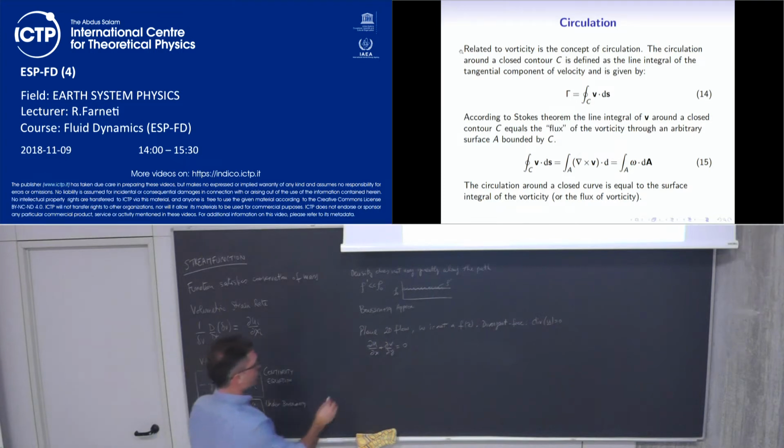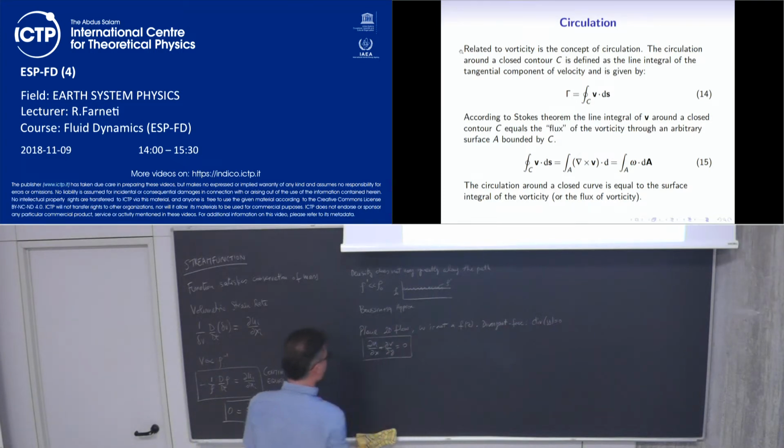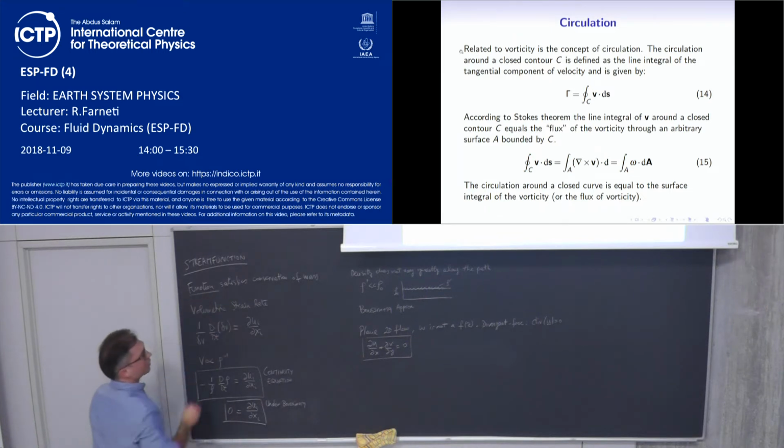So now we have this continuity equation, and now we can define a function that satisfies the conservation of mass, or the continuity equation.